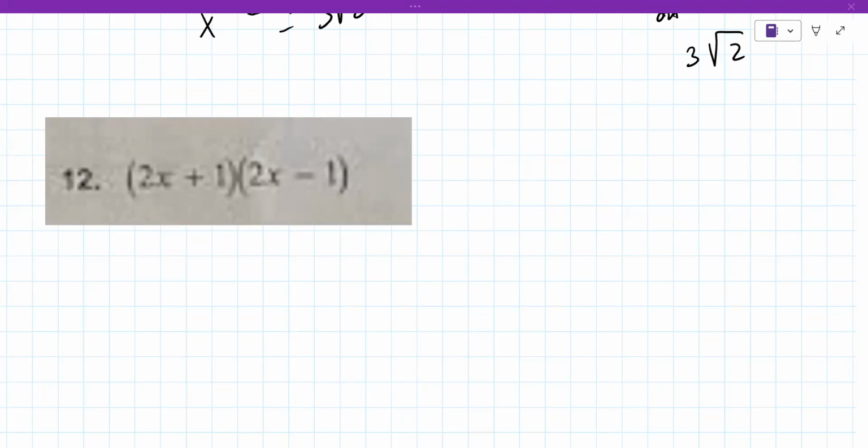So 4x squared minus 1. Yes, very good. All right. So why don't we just transition to a completely new topic?